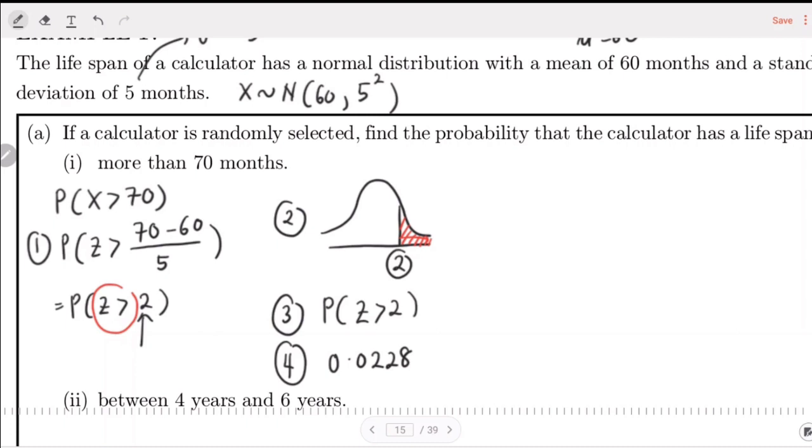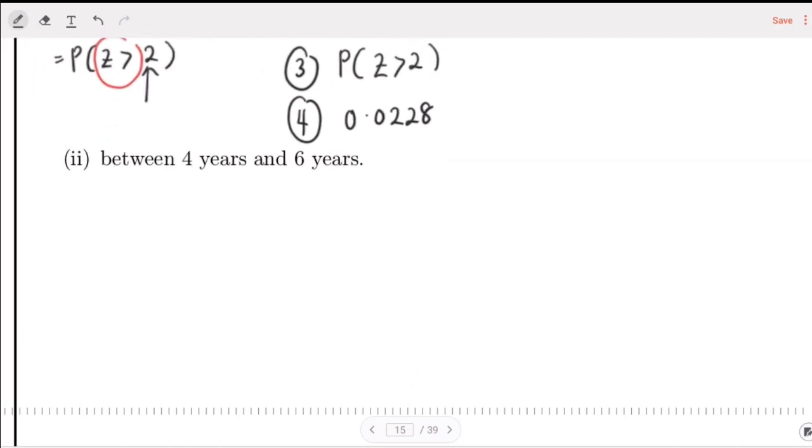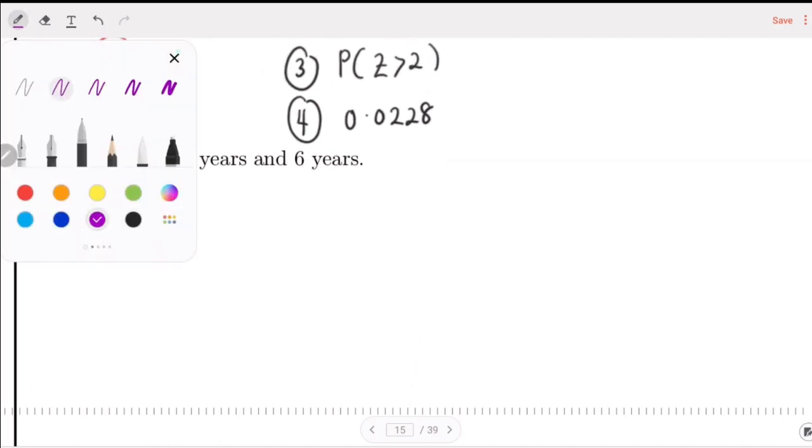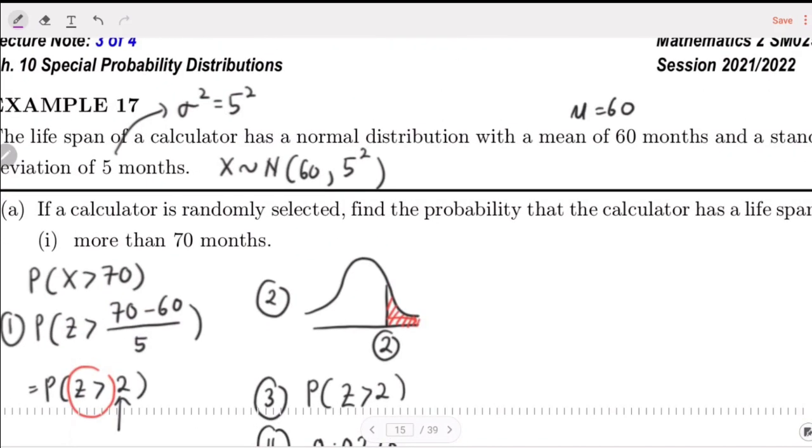The second one, we would like to find the probability that the calculator has a lifespan of between 4 years and 6 years. First of all, we need to change from years to months since our mu is given in terms of months.